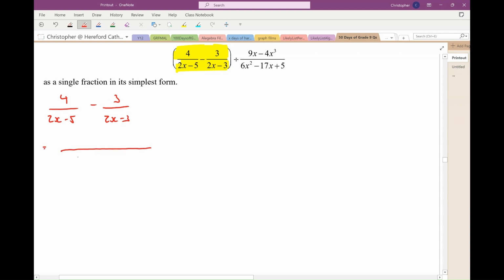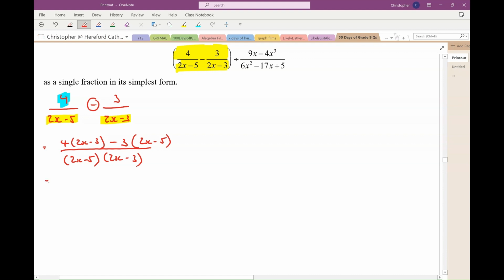The common denominator is going to be 2x minus 5 multiplied by 2x minus 3. So my common denominator is 2x minus 5 times 2x minus 3. Now the 4 here is going to have to be multiplied by 2x minus 3 minus, careful with that sign, 3 multiplied by 2x minus 5.